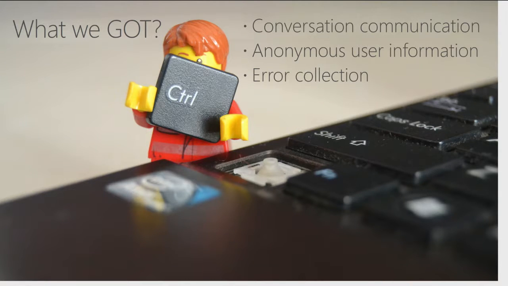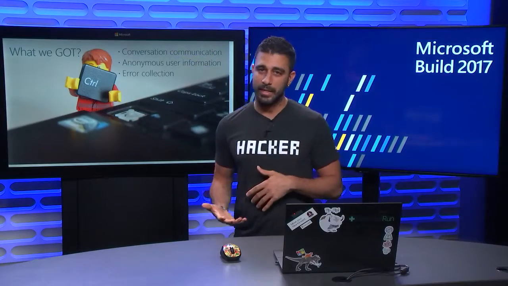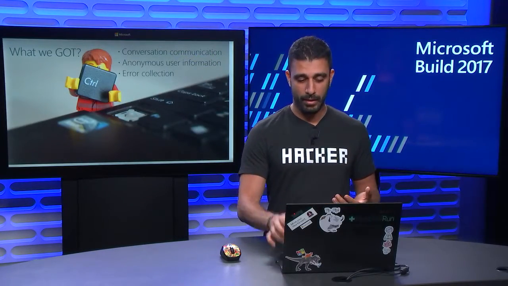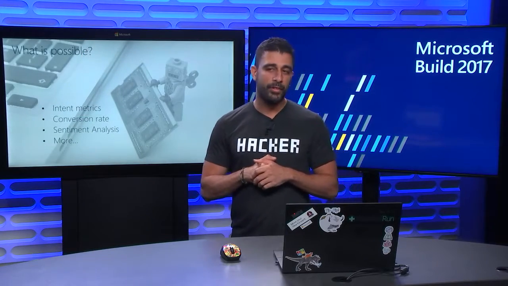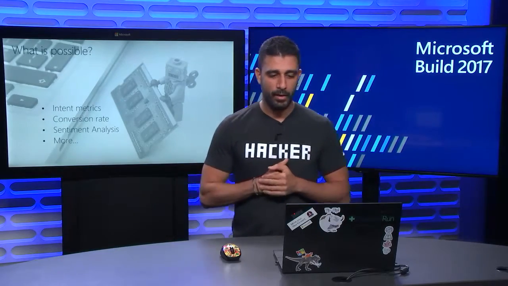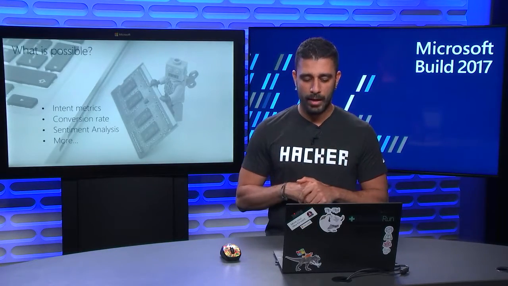And since we thought about how to start utilizing the data, we also thought about how we can augment the data being sent. We thought about how we can add sentiment analysis to conversations between the user and the bot, how we can understand more about conversion rates on bots and what that means in the world of bots, and some data on LUIS intents and more.